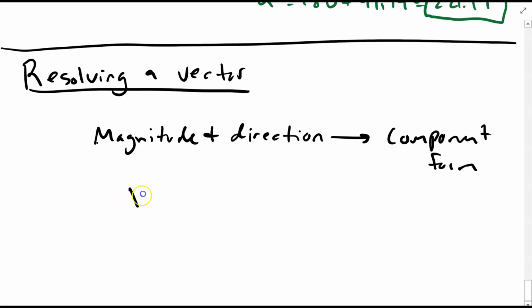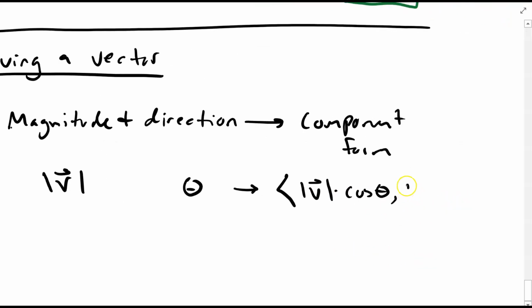So if I've written my magnitude as that, and I'm going to call my direction theta, we have this formula. Magnitude times cosine of theta is our x component, and magnitude times sine theta is our y component.